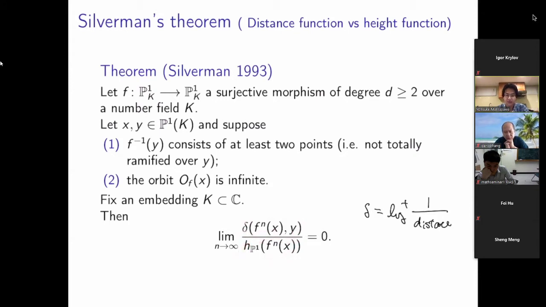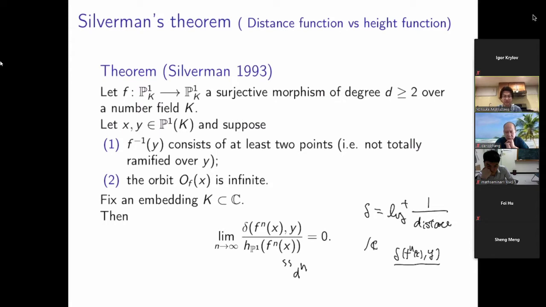And one more remark is this is far from true in the transcendental setting. What I mean by transcendental is over C, we can also talk about the distance function because we only use the usual absolute values, but the height function is a purely arithmetic thing. But in this setting, this grows like d to the n.